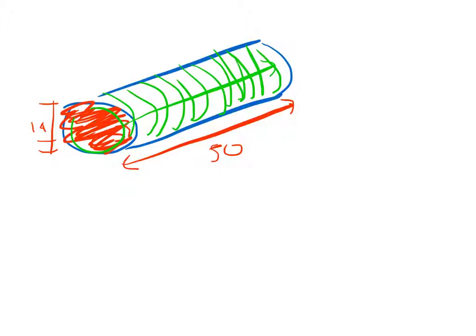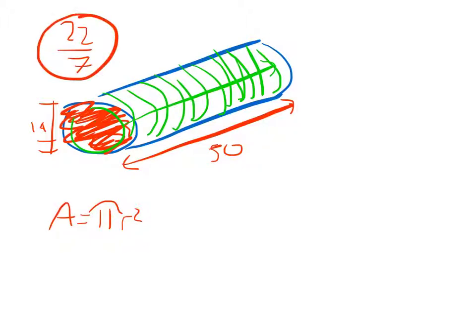So again, the area for a circle, area equals pi r squared, and in this case they're saying use 22 over 7 for pi, so we'll use that. So area will equal 22 over 7, and the radius then would be 7 squared. 7 times 7 is 49. So if we get 22 over 7 times 49 over 1, that'll be 1/7.